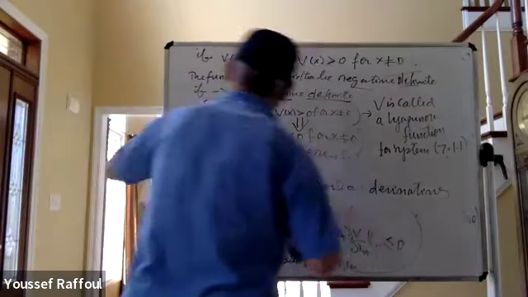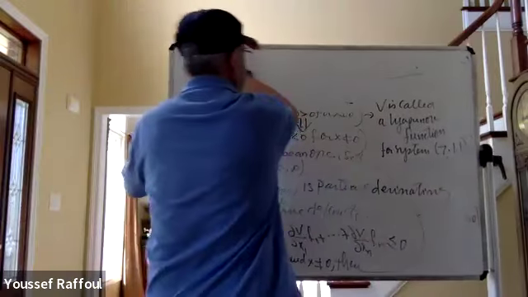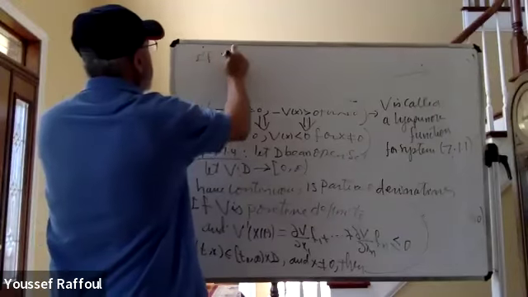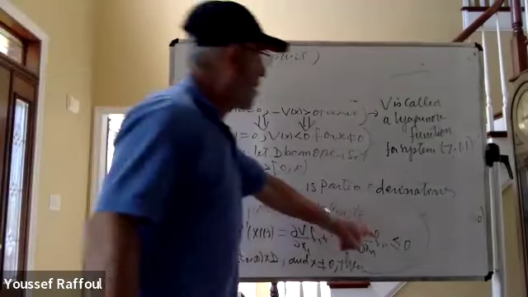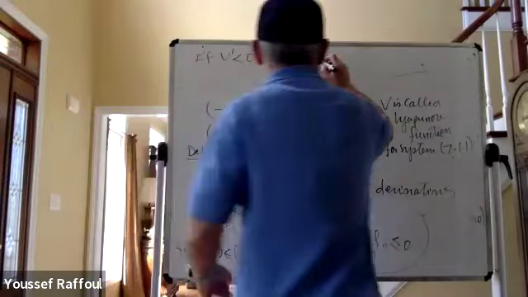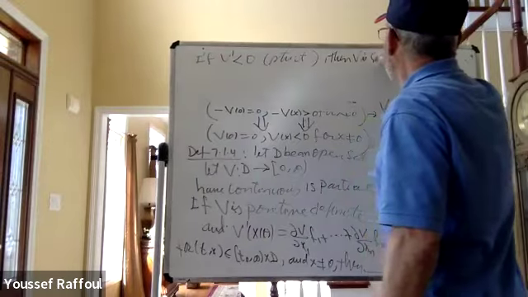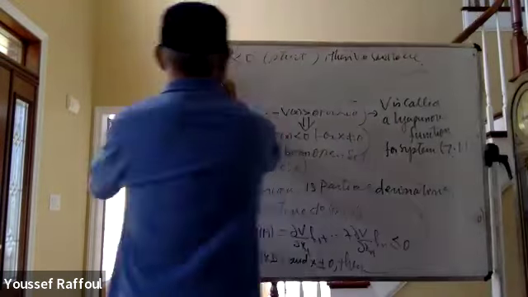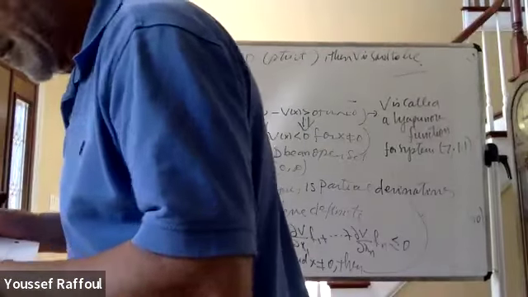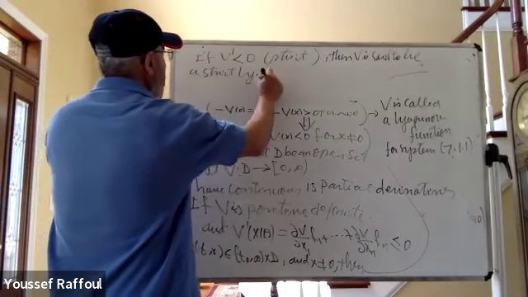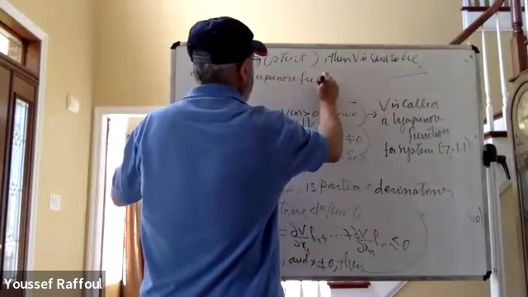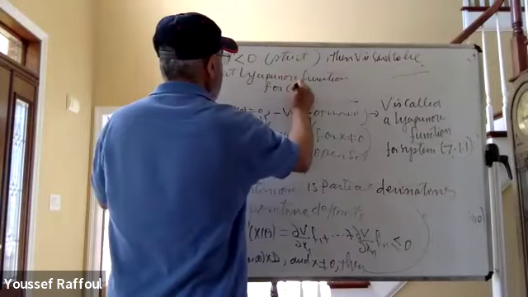All right. Now, if V prime is less than 0, a strict inequality, where here we said less or equal to 0, if it's strict, then V is said to be a strict Lyapunov function for 7.1.